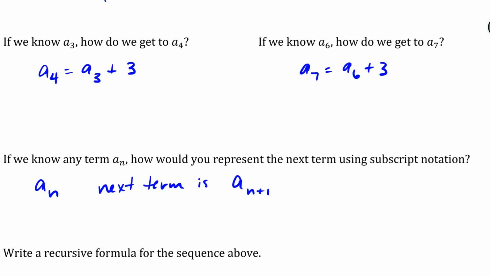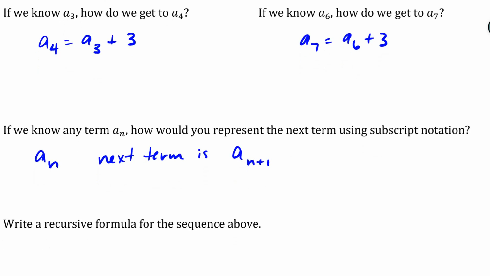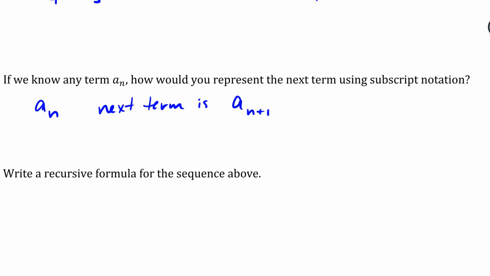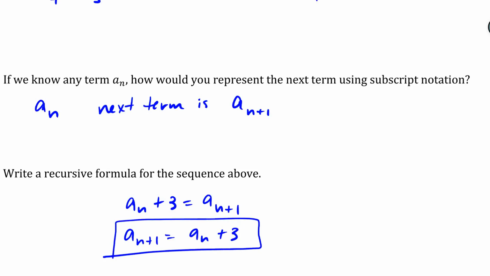So if I want to write a recursive sequence using this idea, I can say any term plus 3 is equal to the next term, a sub n plus 1. Now, normally we don't write a sequence like that, so we'd actually rewrite that as a sub n plus 1 equals a sub n plus 3. So that would be our recursive sequence.